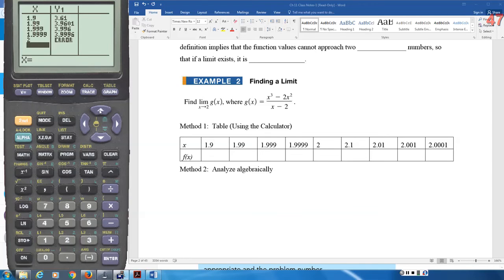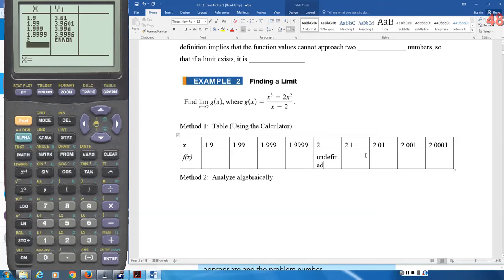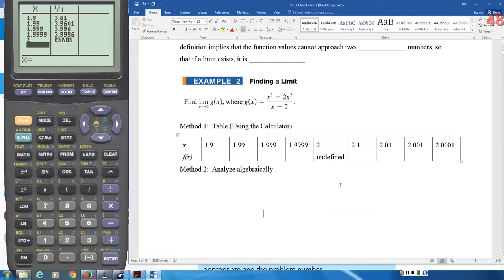So even if the only problem was that x minus 2 is going to be 0, we don't get an answer if we plug in 2. So what we're going to have here is going to be undefined. Okay?